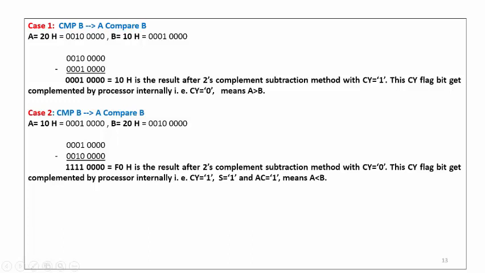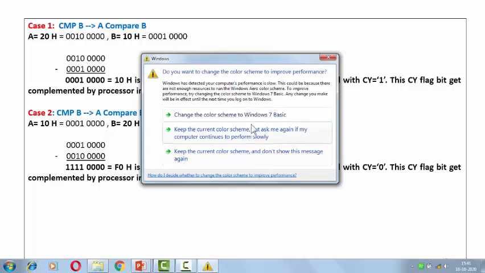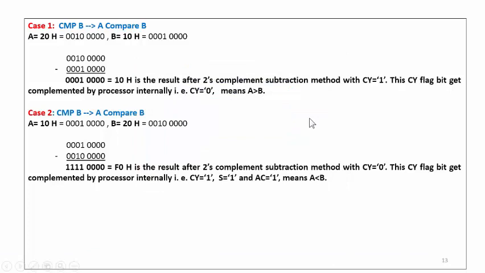Second case, suppose in the accumulator we have 10 hex and in the B register suppose 20 hex. By the subtraction operation we get the result F0 hex. F0 hex is the result after the 2's complement subtraction method with carry 0, and this carry flag bit gets complemented by the microprocessor internally.